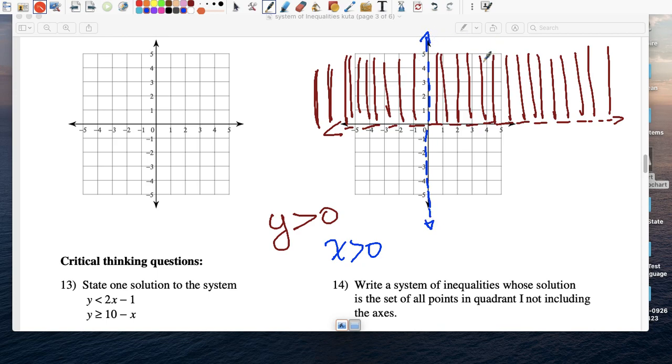And we want to see where we would shade. So obviously we want to shade here because we want all the points in quadrant 1. So let's pick a point here just to prove it. 2, 2. Well, if you pick the point 2, 2 and you replace x with 2, you get 2 greater than 0, which is true. So which means that I would shade this way.